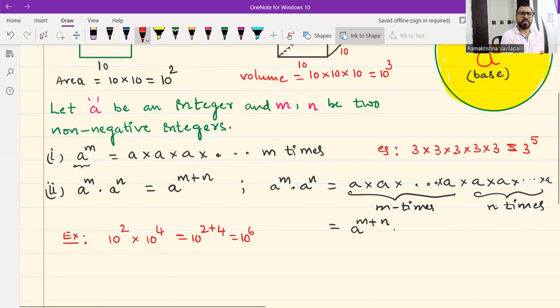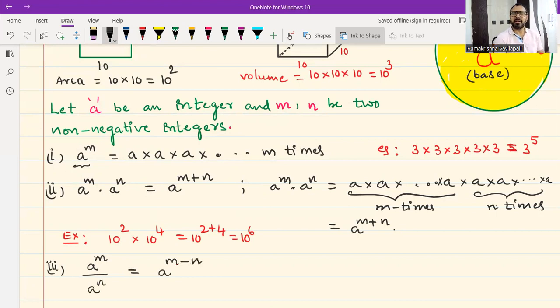The third one is a to the power of m by a to the power of n. This we write as a to the power of m minus n. Particularly this is the quotient rule.